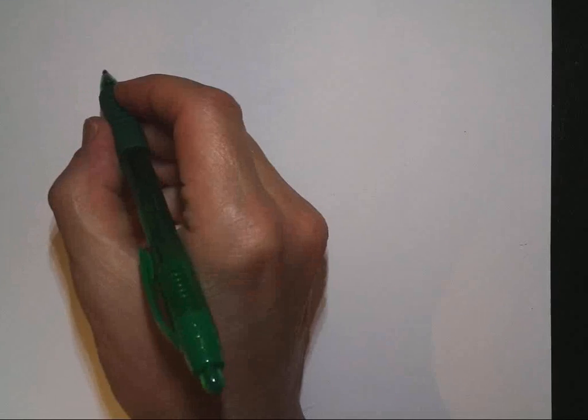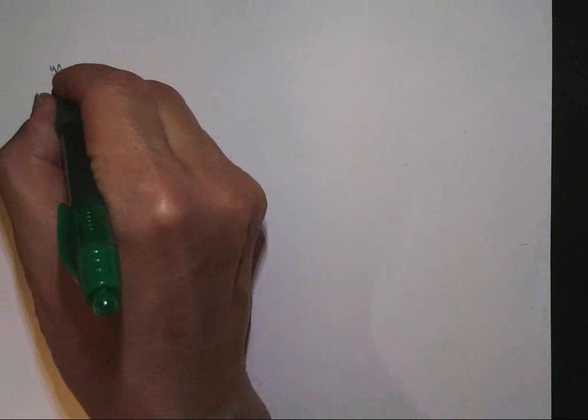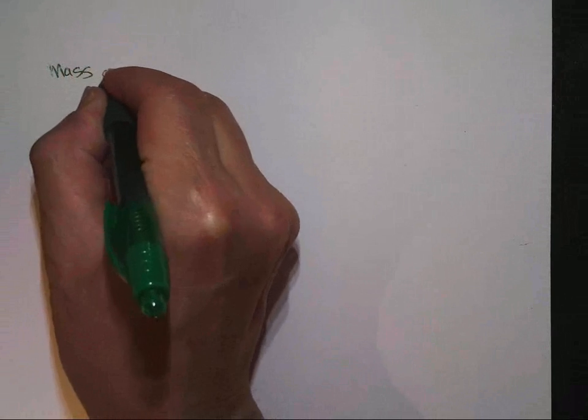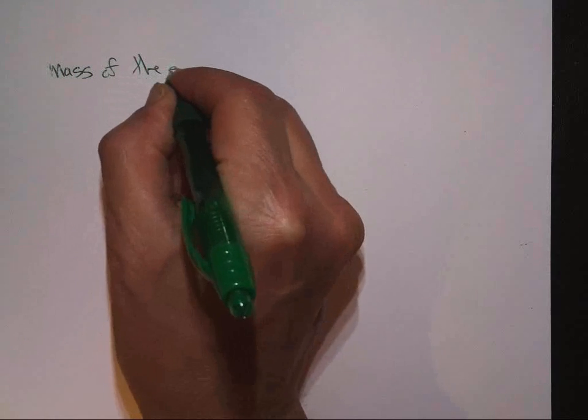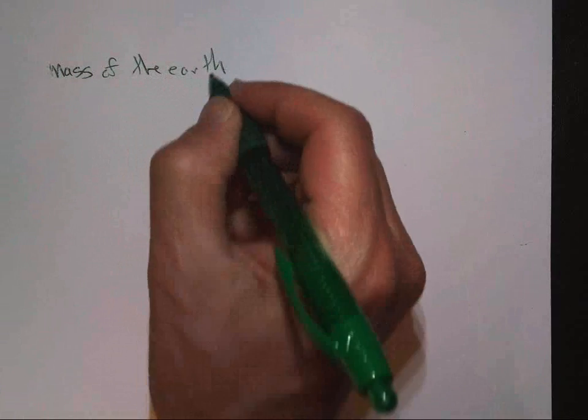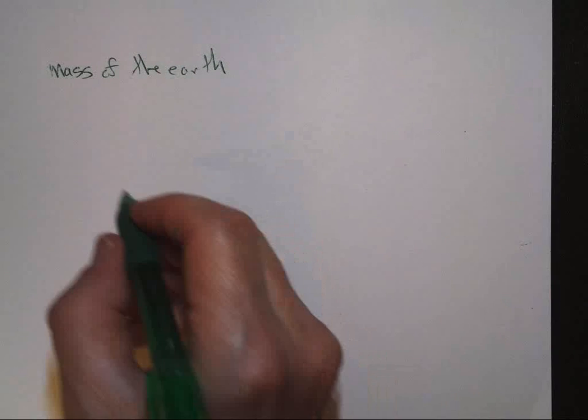When you have to put a number into scientific notation, you've got a couple of things to consider. Suppose we tell you we have a very large number, like the mass of the Earth. This number is big.